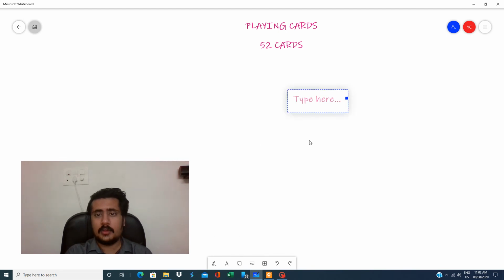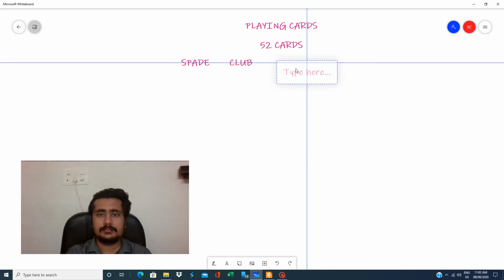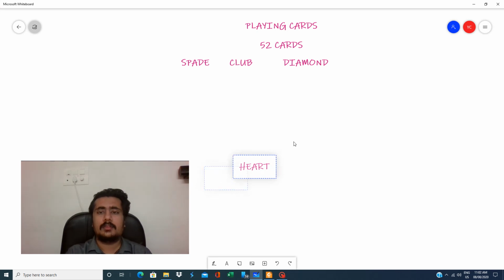These 52 cards are divided into four patterns or designs, you can say, which are like this: spade, club, diamond, and heart.